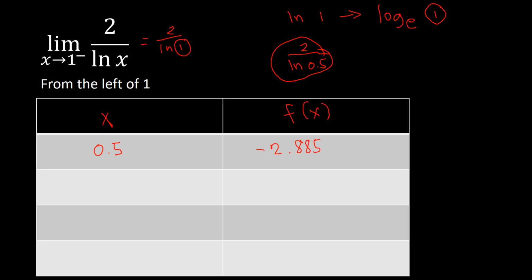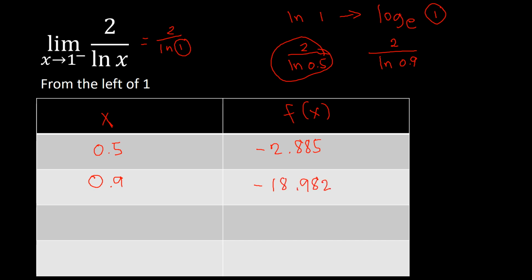Inputting the entire thing on the calculator would lead you to an answer which is negative 2.885. Then we go to the next value of x, which is 0.9, because we are trying to move closer to our approach value of 1. Once you input 2 over ln of 0.9 on your calculator, you will get a result which is negative 18.982.